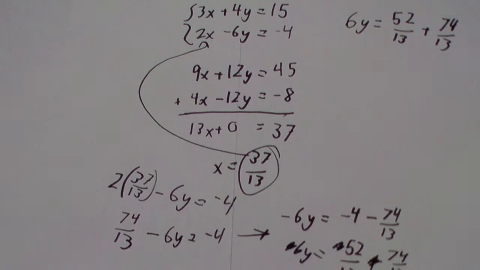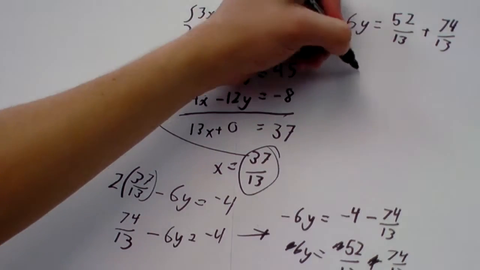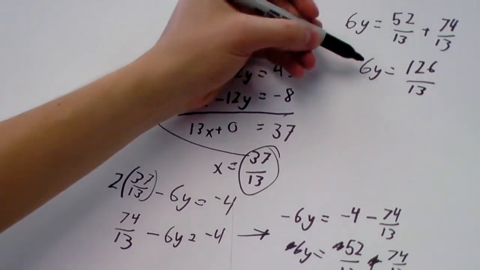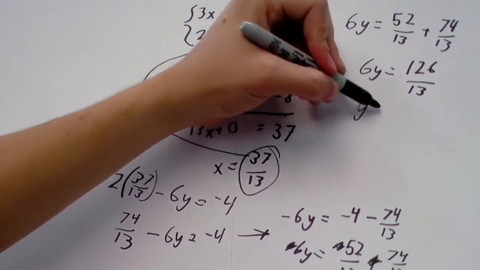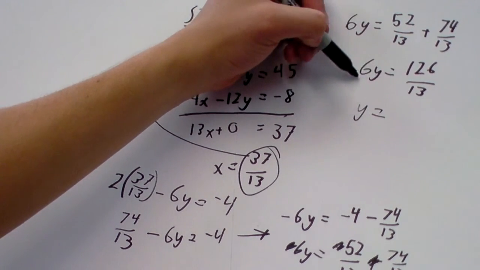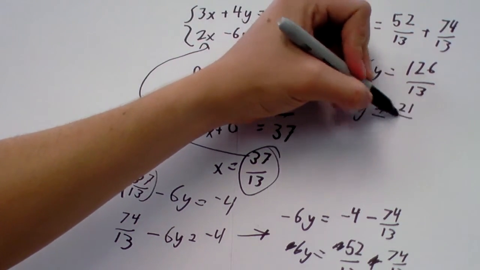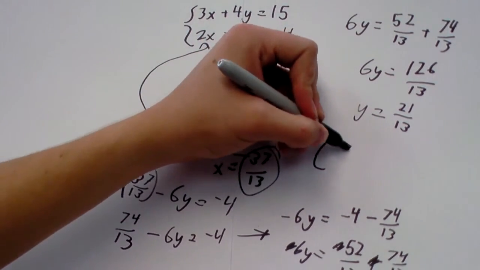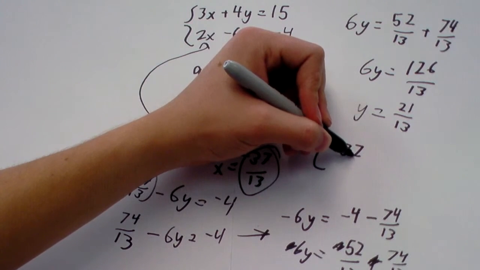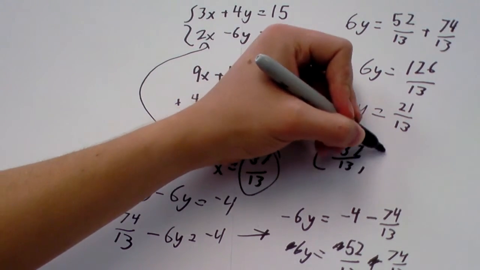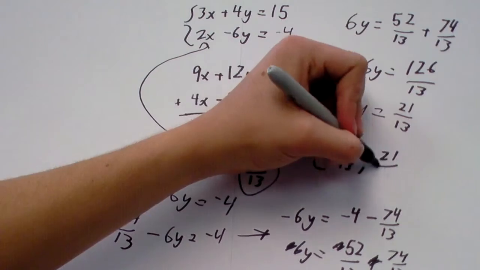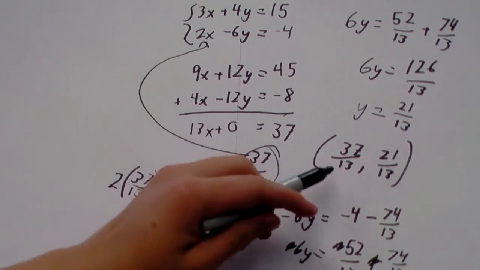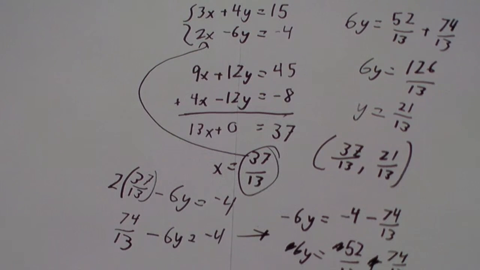And now we can just add 52 and 74 to get 6y equals 126 over 13, or y equals 126 divided by 6 is 21, so 21 over 13. So our final solution would be 37 over 13, 21 over 13.